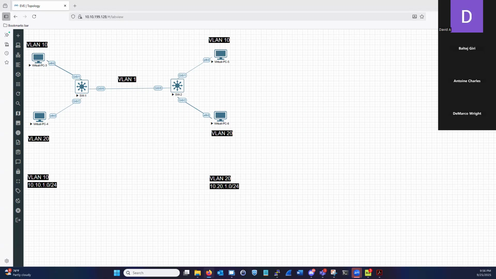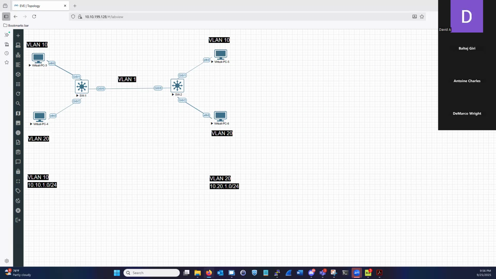That's it. We would need a trunk to be able to carry multiple virtual local area networks.